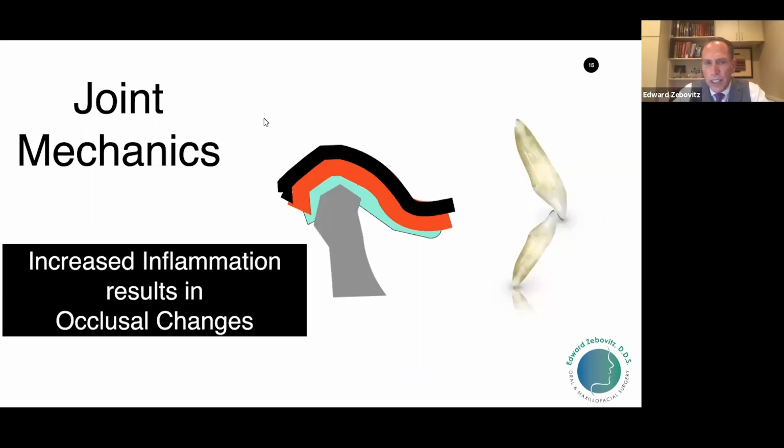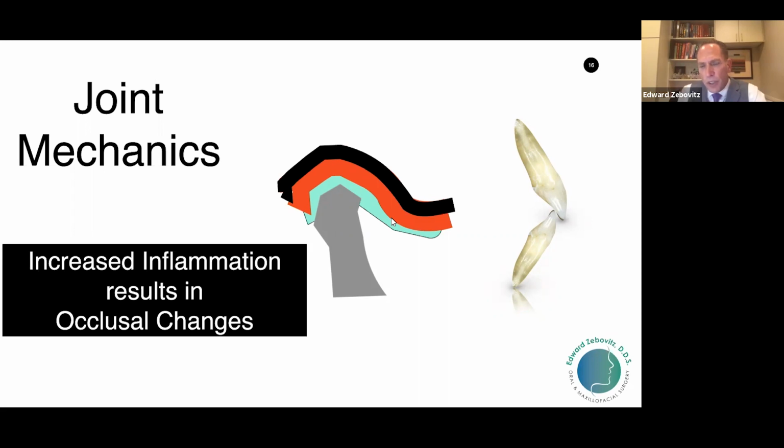Continuing, within our picture, imagine we have our fossa, the red being the sticky layer and the green being our posterior ligament. If we have friction in the superior joint space, friction leads to inflammation of the posterior ligament.